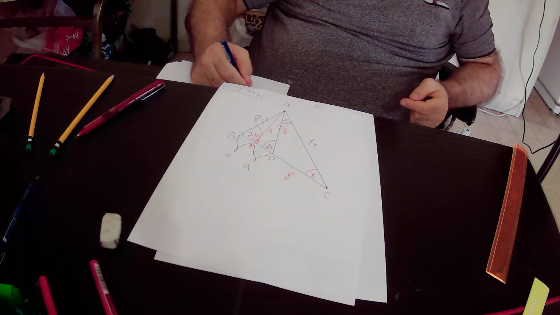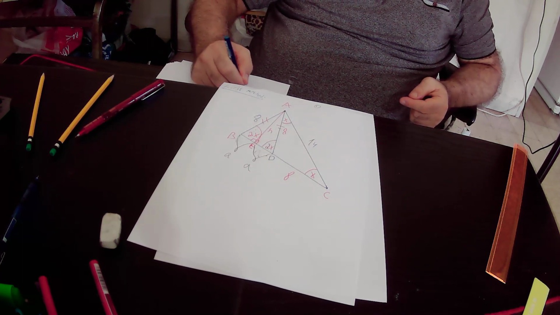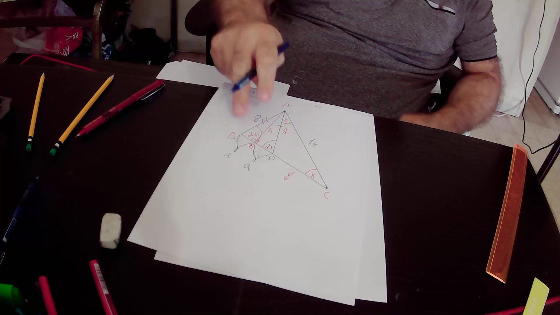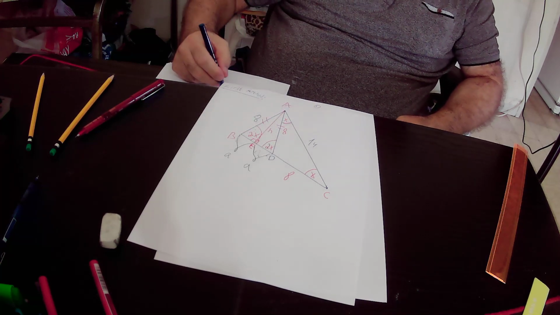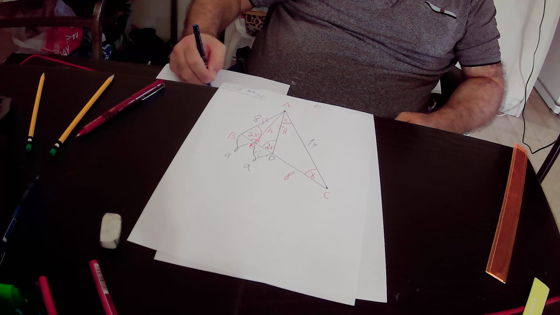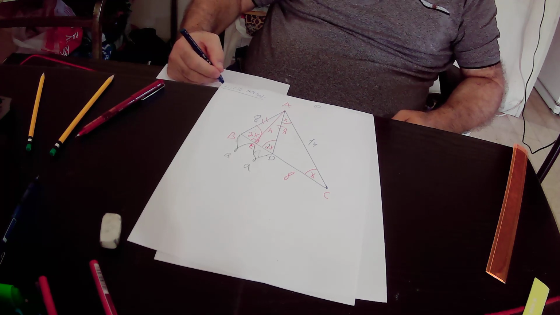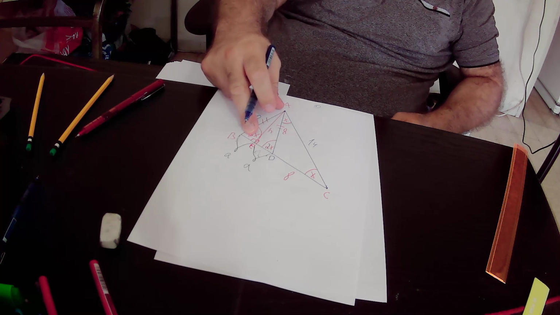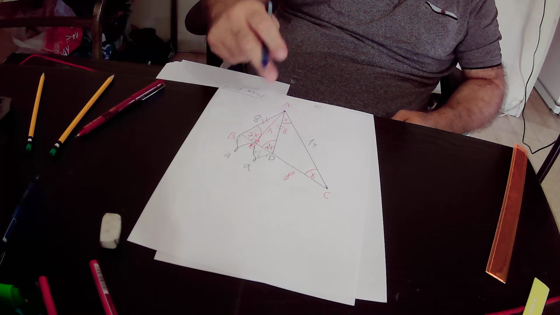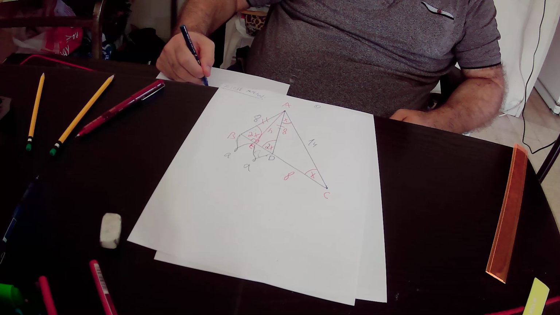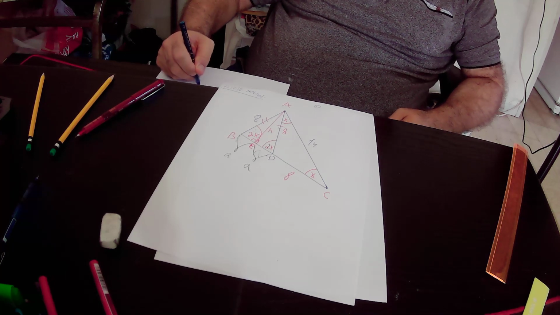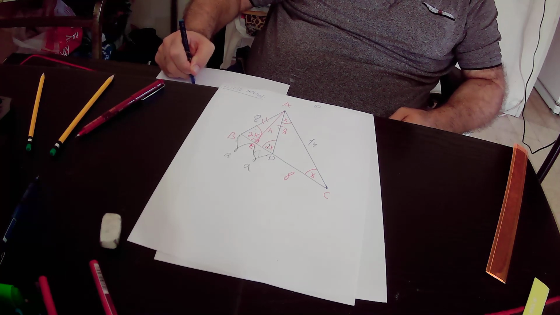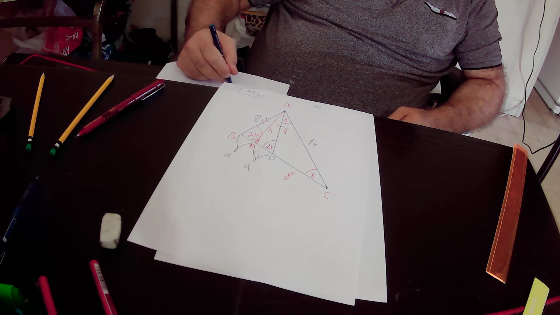So the area of triangle ABC equals BC, that is 2a plus 8, times h. We have already found the value of h. h equals 7 over 4 times root 15, all divided by 2.